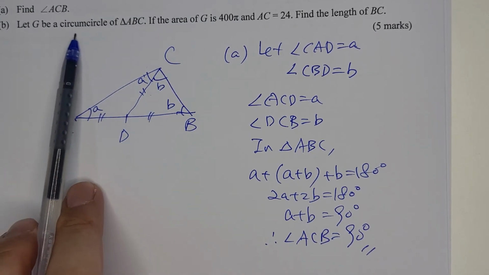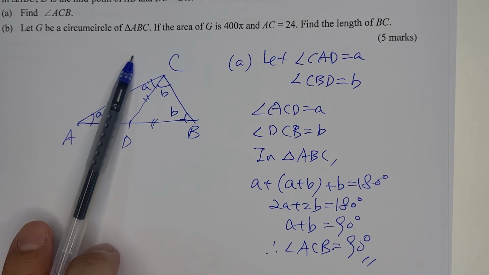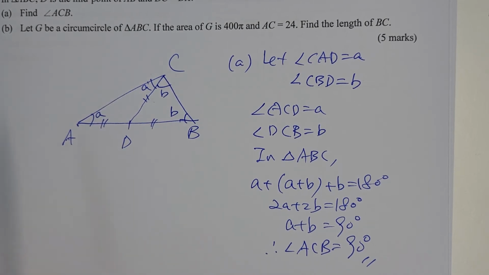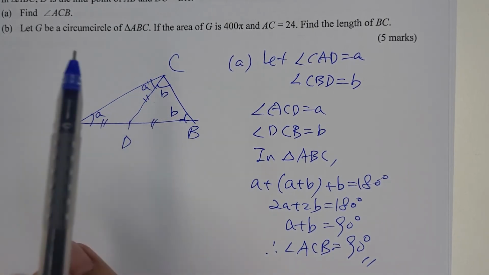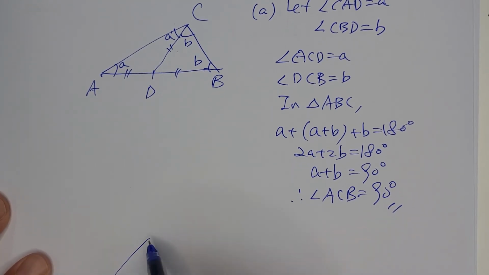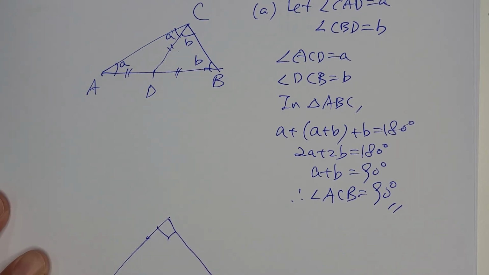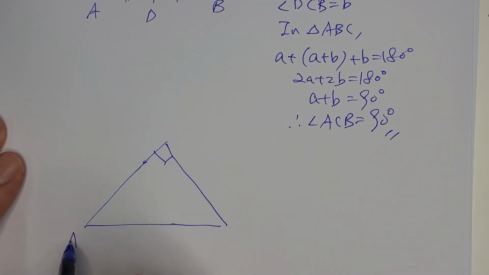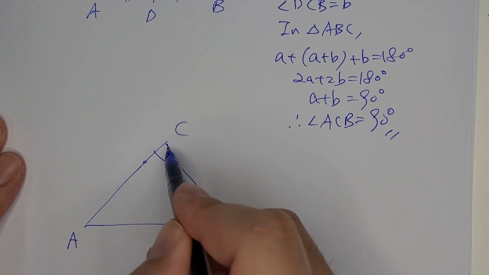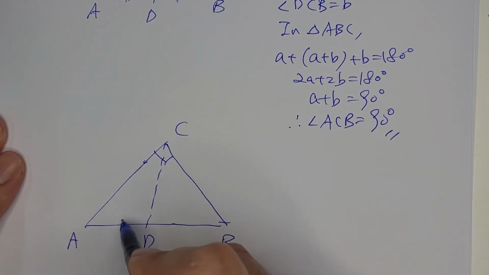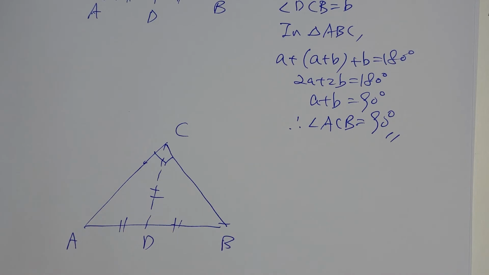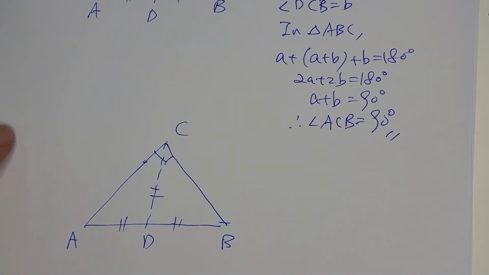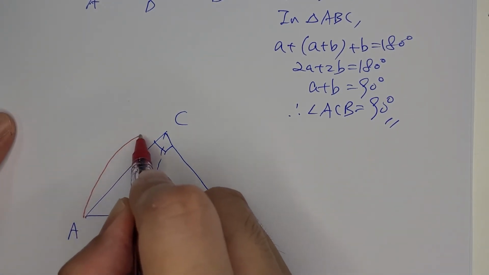G is the circumcircle of triangle ABC. What does circumcircle mean? That means a circle passing through these 3 points. We proved that this is a right angle, A, B, C, D. A circle passing through these 3 points, something like this.